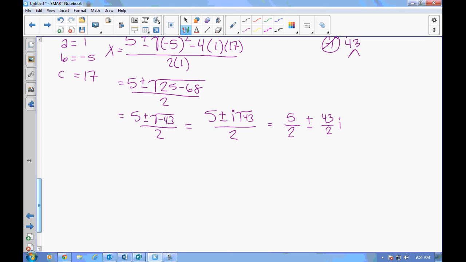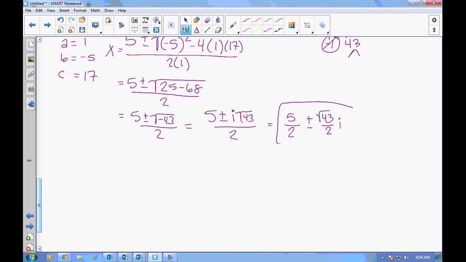I need the square root, so the square root of 43 over 2. And the square root only goes on the 43. It does not go over the 2. So don't extend it down. It's just in the numerator.